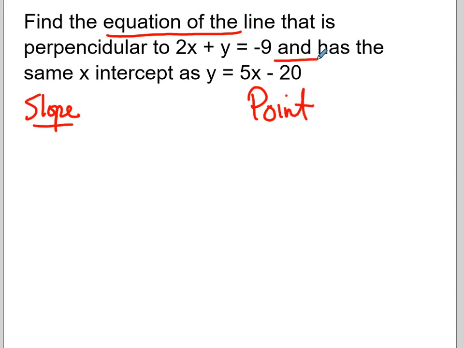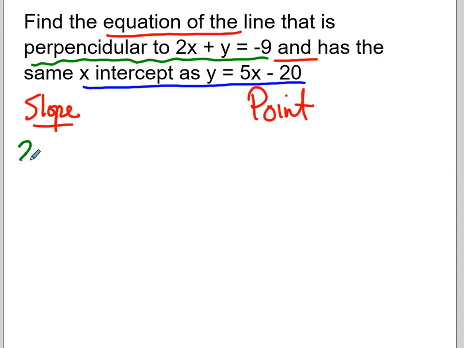There's a key connector word here, and the word is "and." Before "and," you'll find some important information. Perpendicular to this line is slope information, because perpendicular deals with slope. And then has the same x-intercept as this line. That's point information. So you can find those pieces buried within this question.